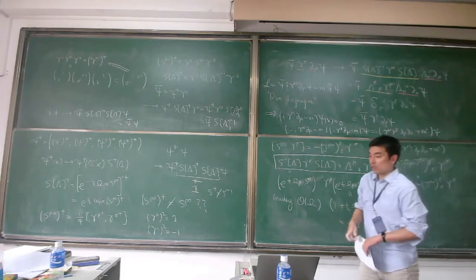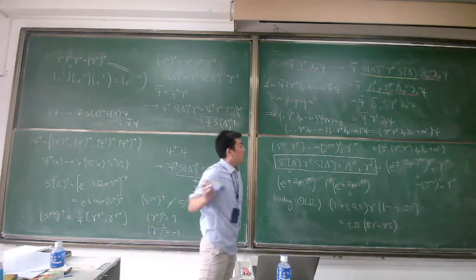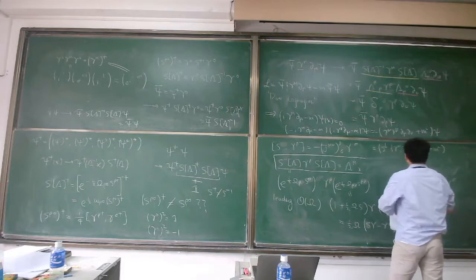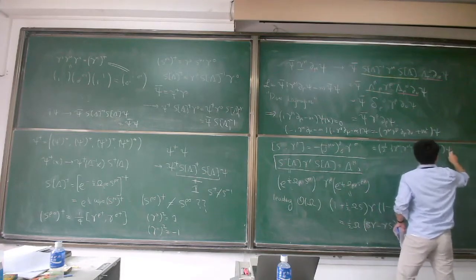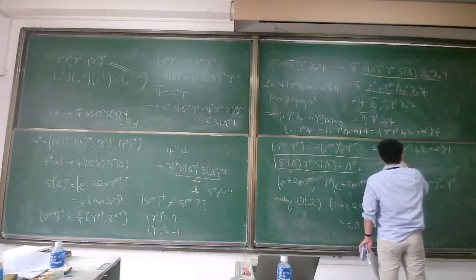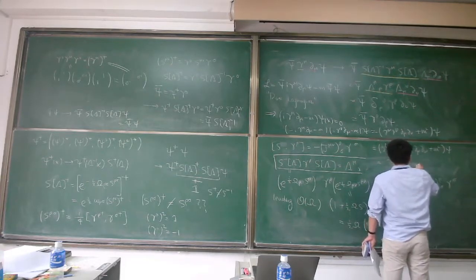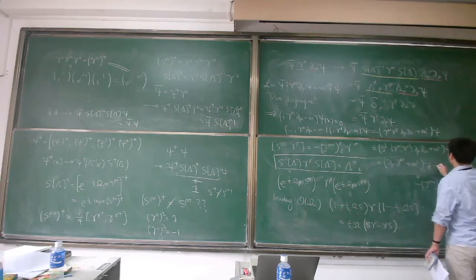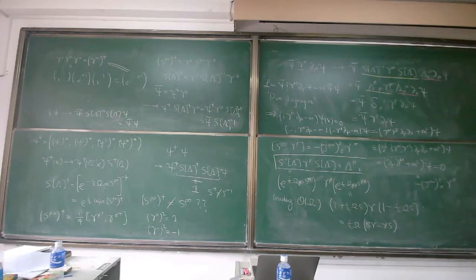Okay. So therefore, if you plug that in here, what we get is partial mu squared plus m squared acting on psi, and this should be equal to 0. And this is the Klein-Gordon equation.